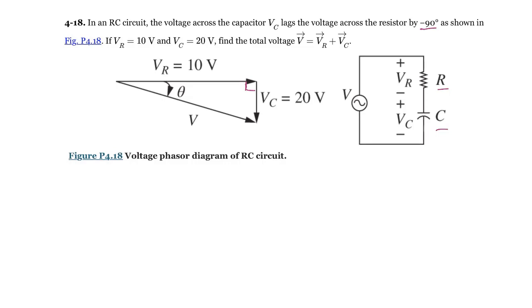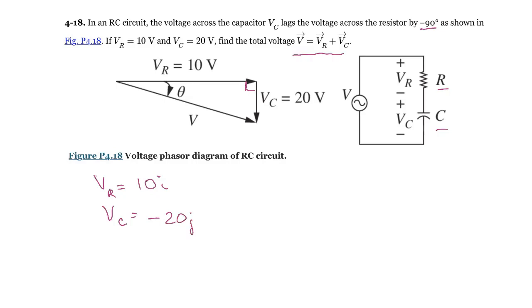I could make it very complicated, but I don't see the point, because we can say here VR, since it's going in the positive X direction, 10 volts, it's just 10 I. And VC is just going negative because it's going down 20, but we're saying in the J direction.